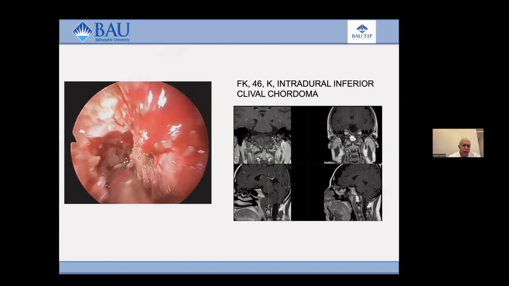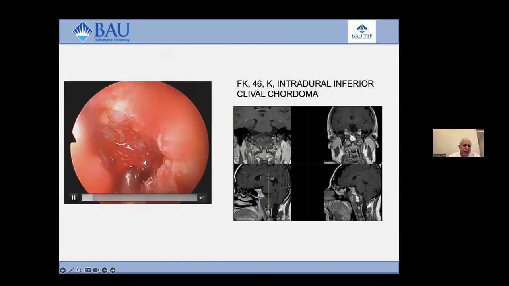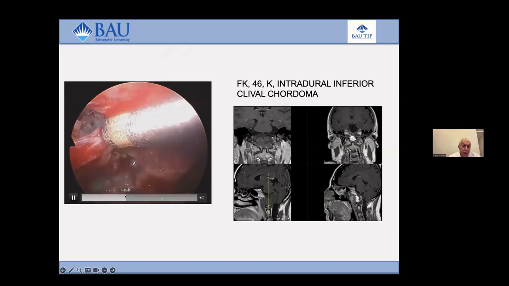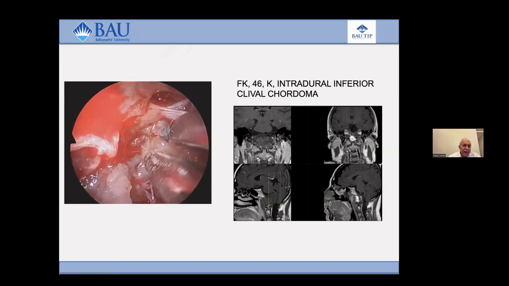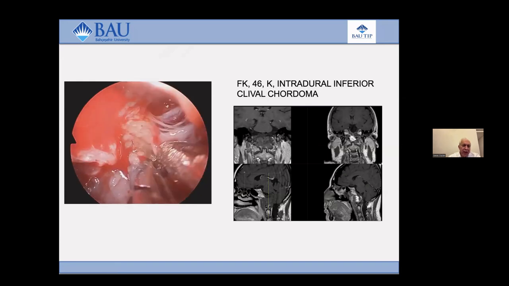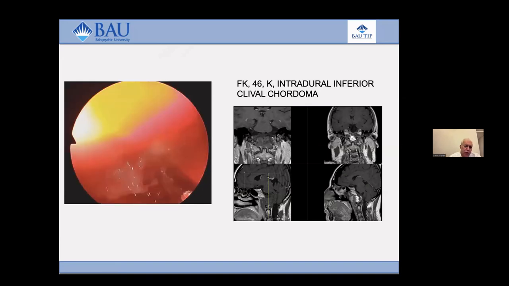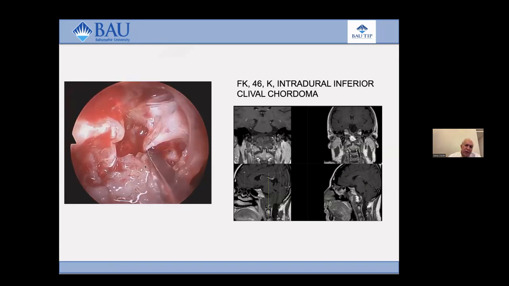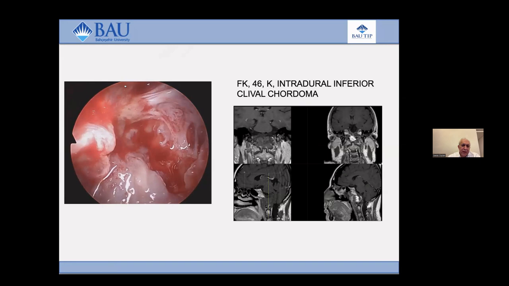We used an ultrasonic aspirator. And then this is an interesting case. We explore the clival dura. There are many dural defects. We removed the intradural tumor through these dural defects.